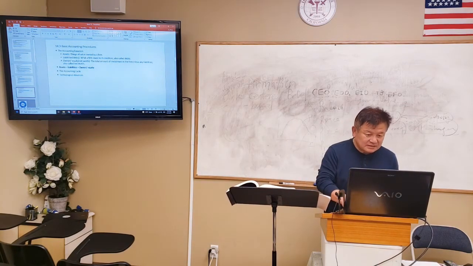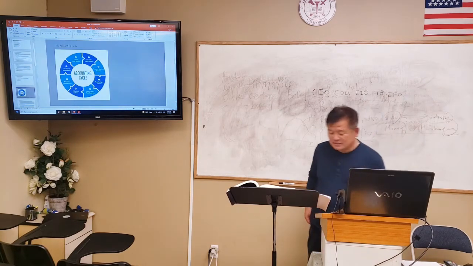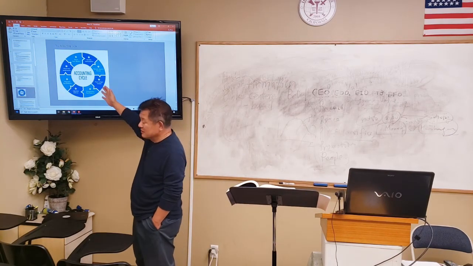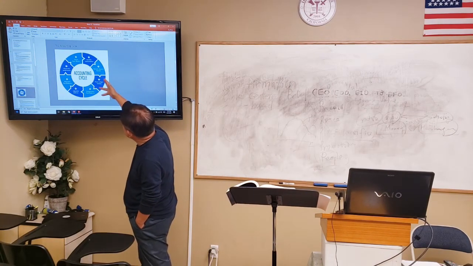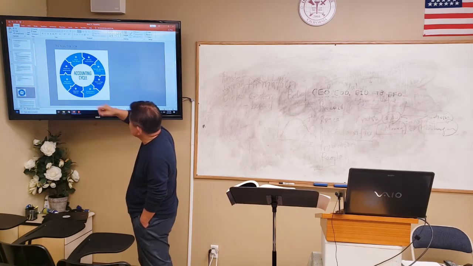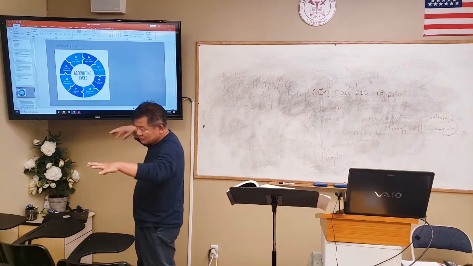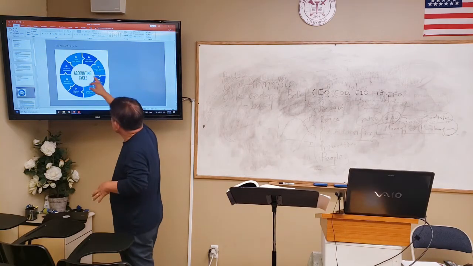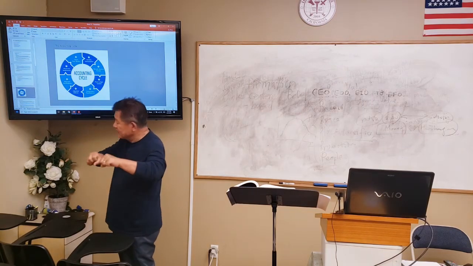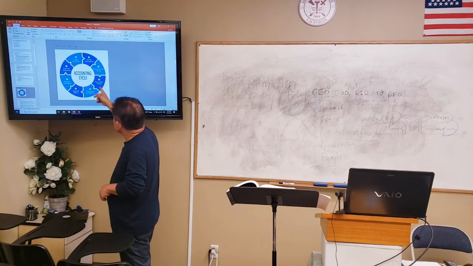Now the basic accounting cycle. I showed this accounting cycle. Step one, identify transactions. What kind of transaction? Second, record journal entries.